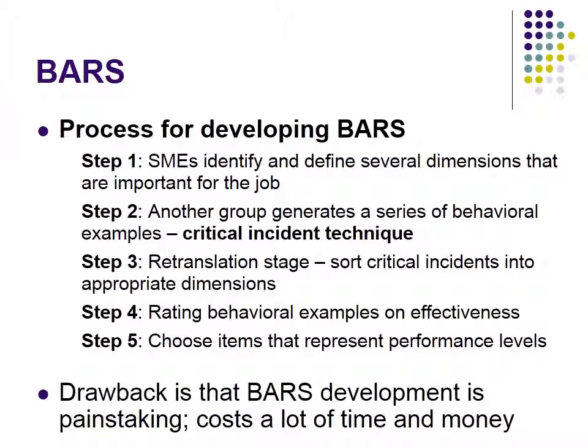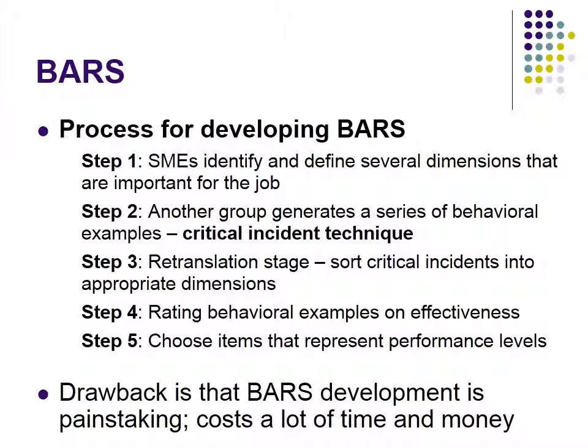So you can see through this process, a lot of people are defining what the dimensions of performance are. A lot of people are generating examples of what good and bad behavior on each of those dimensions are. And in the third stage, we have experts making sure those critical incidents really map onto those dimensions.